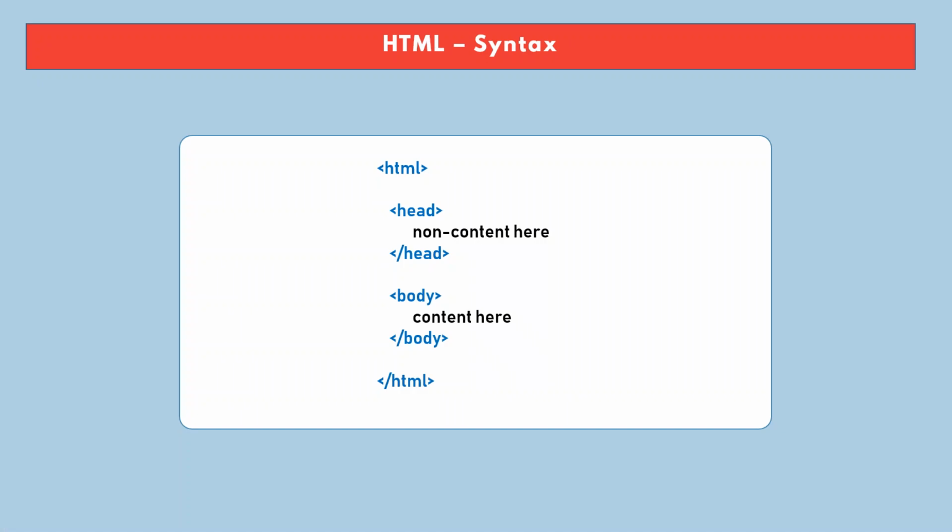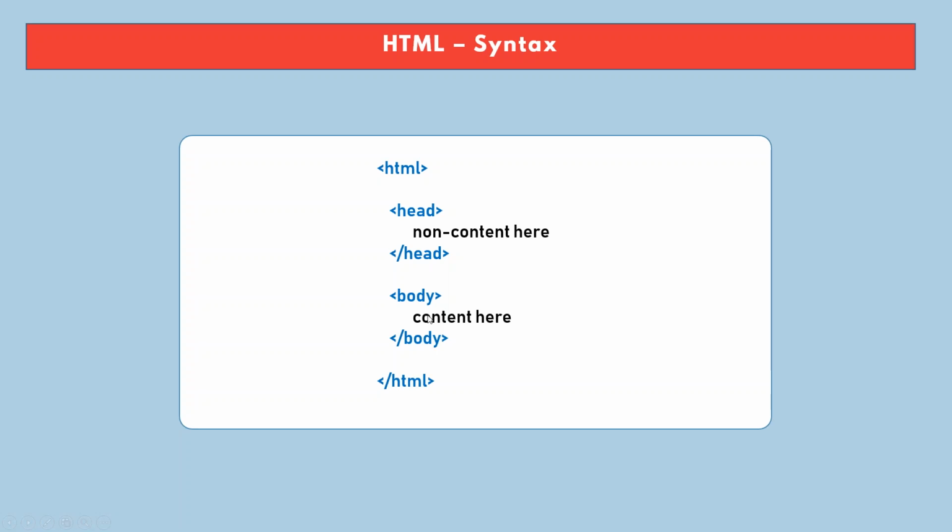And whichever information you want to show outside it or you don't want to show comes under the head tag. Head and body are the children of the HTML tag because head and body are written inside which one? HTML. So HTML is the parent, and head and body are the children of HTML.